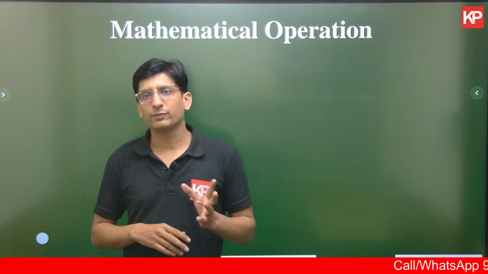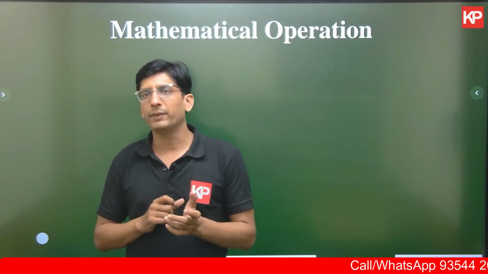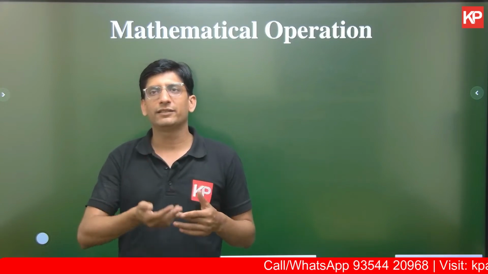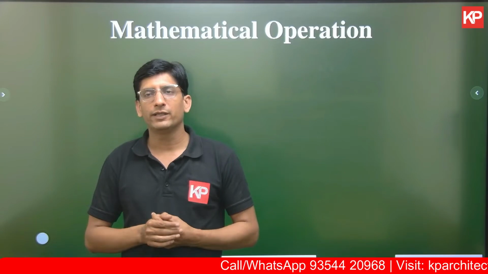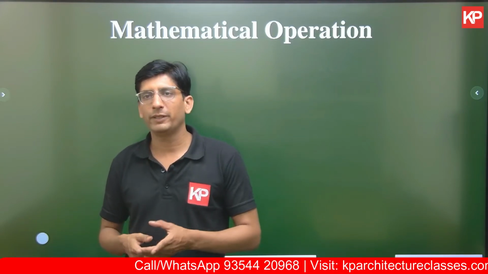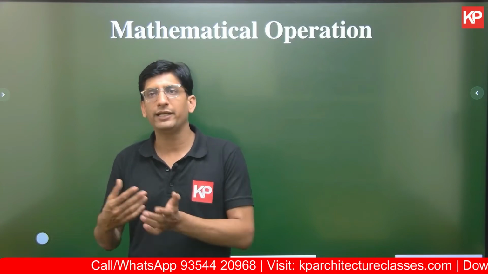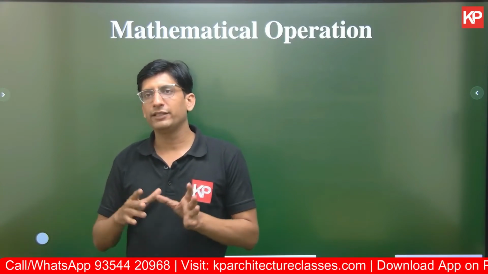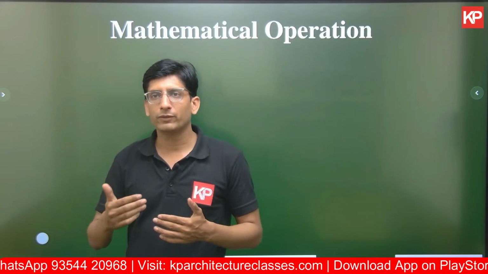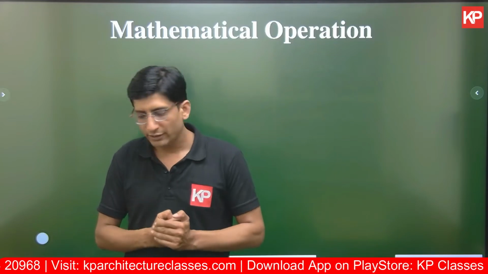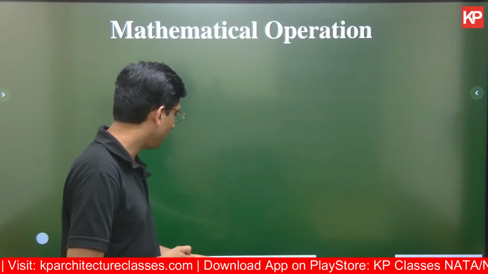So the whole chapter is based on that, but there will be a tricky part: in some questions we have to replace the symbols, like plus, minus, multiply and divide will be named by other symbols, maybe greater than, smaller than, at the rate, hash, and something else. Those will again be very easy. In some questions we have to attempt all the given 4 options one by one. So let's start the chapter now without wasting time.